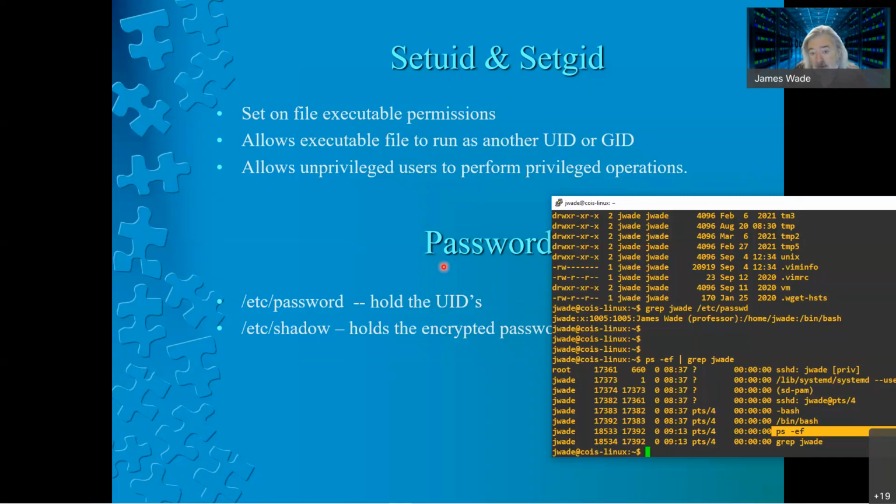As a matter of fact, we used to use that as a way to get root access. Back in the day, with NFS, network file share, you could create a program with a set UID where you had root access. So you go over to one server where you have root access, and you set a shell script with a break in it, and you set the UID to run as root.